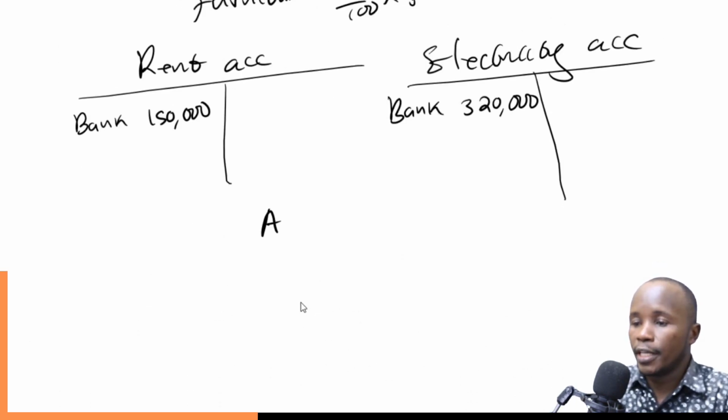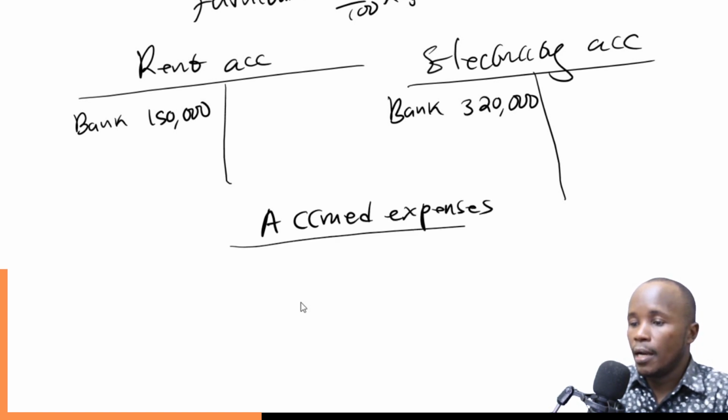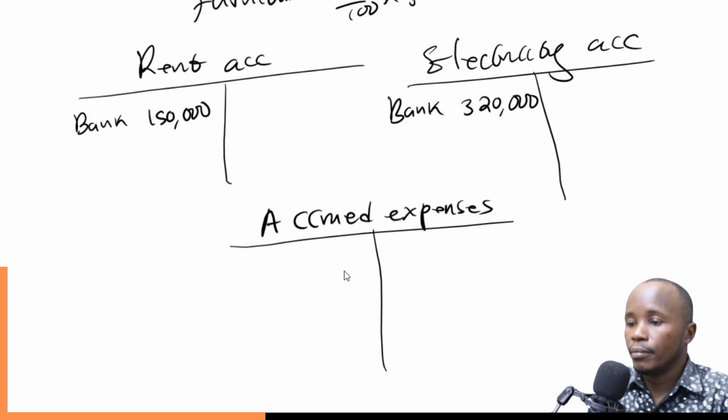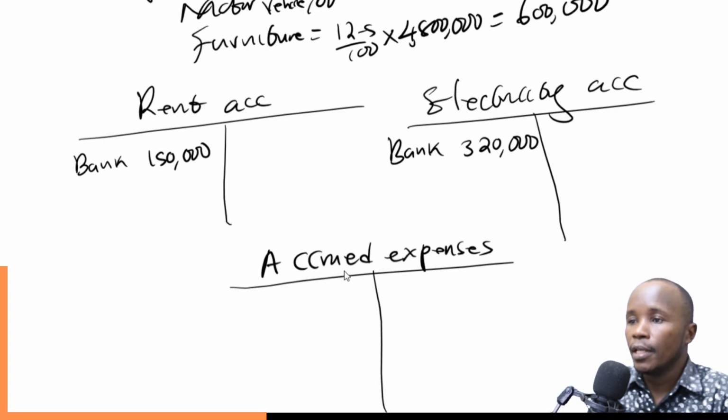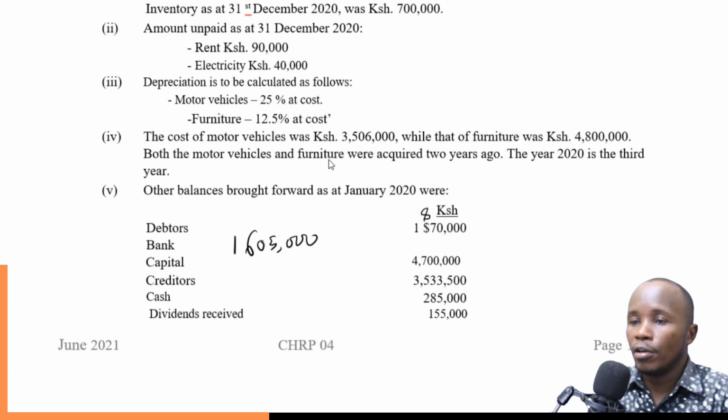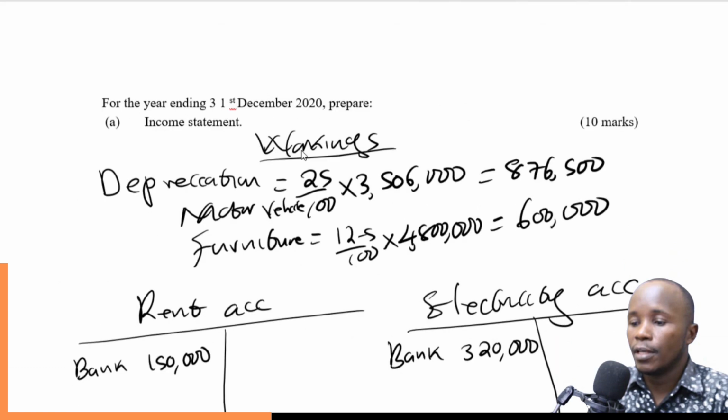You are going to create an accrued expenses account, and accrued expenses are liabilities. They are short-term or current liabilities. Therefore, we are going to record rent, which is 90,000, and electricity 40,000.